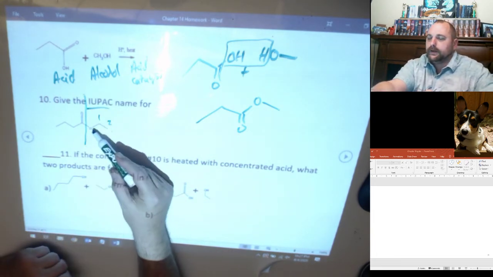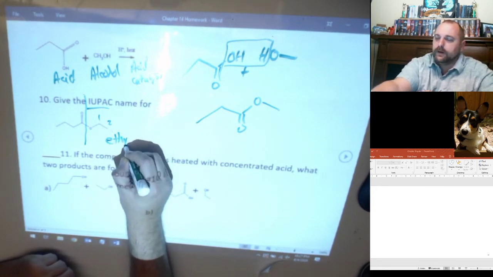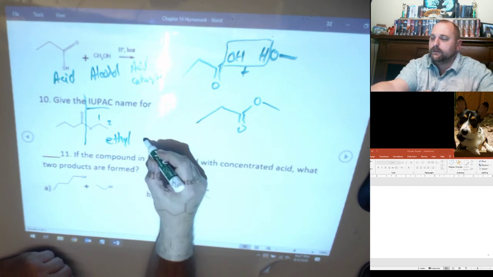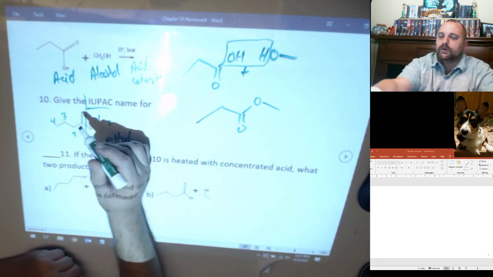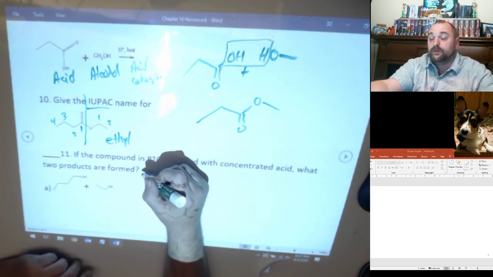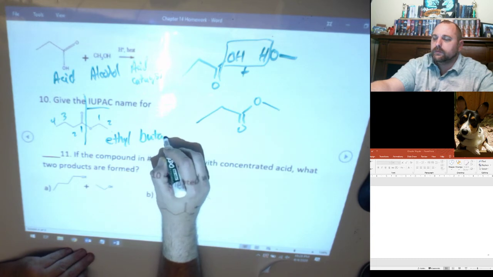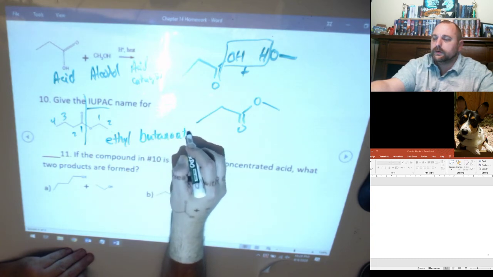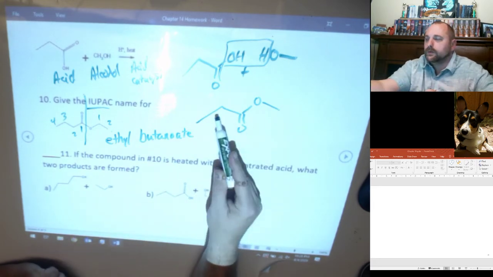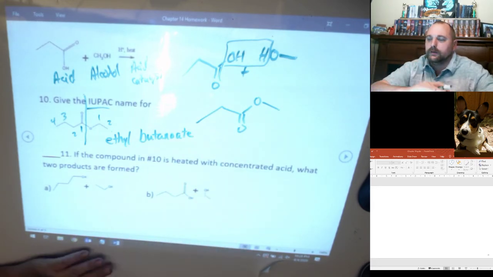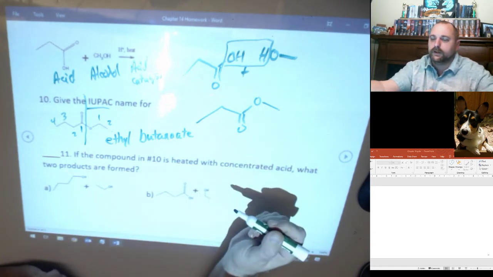This is the alcohol part, so it is ethyl, and it'll be one word, and then I'm going to have a space, and 1, 2, 3, 4. That was butanoic acid, but now it's butanoate. Ethyl butanoate. This one over here was methyl propionate. Oh, propionate. Trying to mix the common in with it.